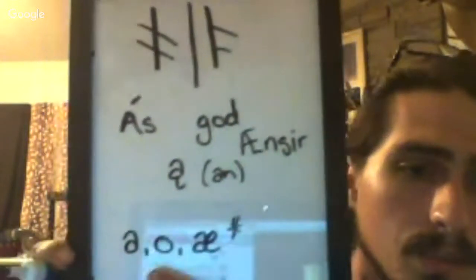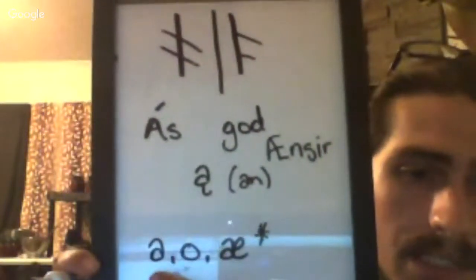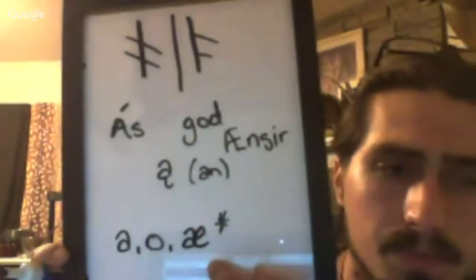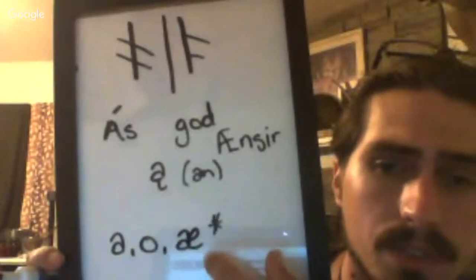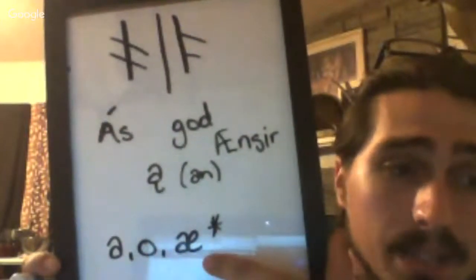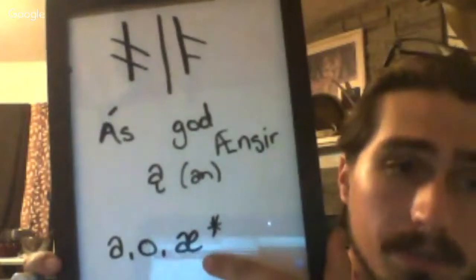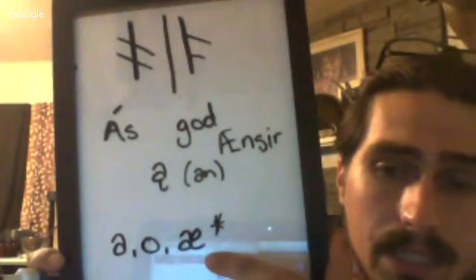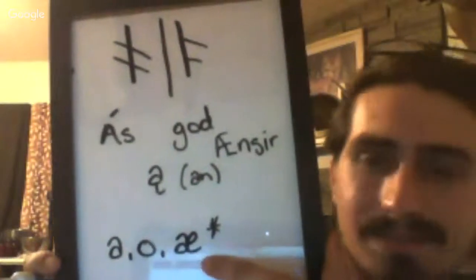So it's realized as an A, an O, or an ash. You only ever use this letter if these letters are followed by N, or in some cases used to be followed by N in Old Norse. Again, complicated.